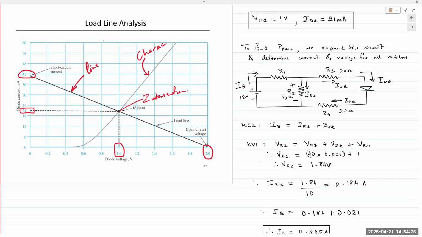External circuit means the power supply and the resistors that are not part of the diode. If you change the values in the external circuit, it will still remain a line, but the line will shift up or down depending on your values.